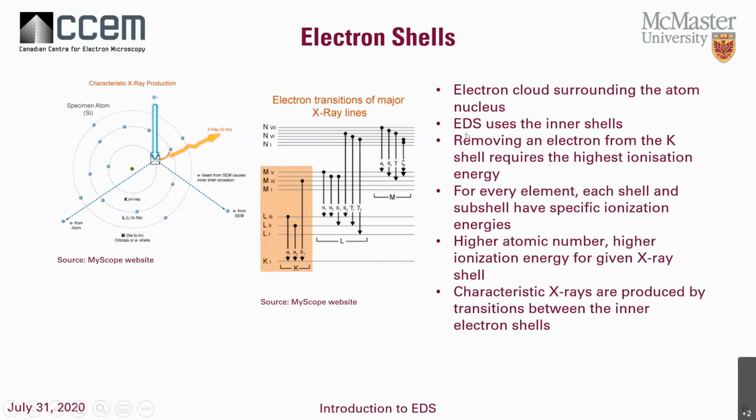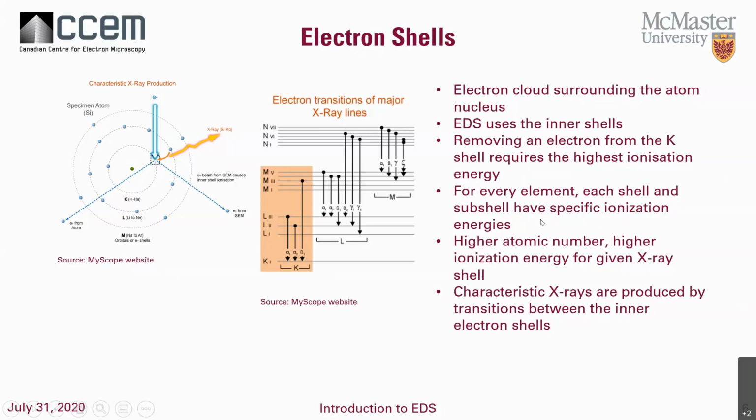So EDS uses these inner shells, the K, L, and M shells. Removing an electron from the K shell requires the highest ionization energy. For every element, each shell and subshell has specific ionization energies.